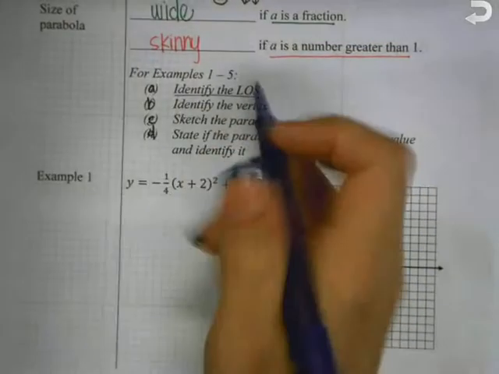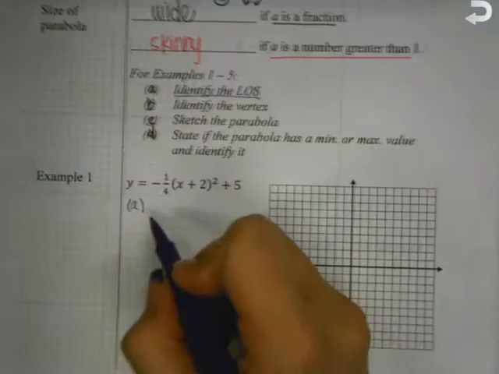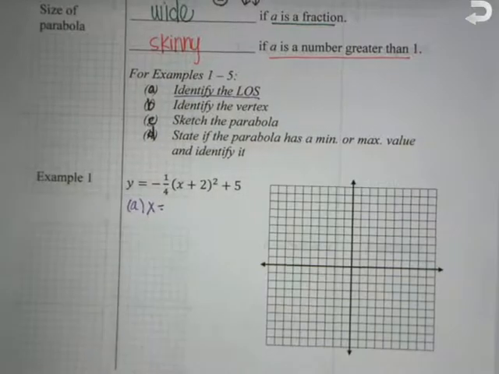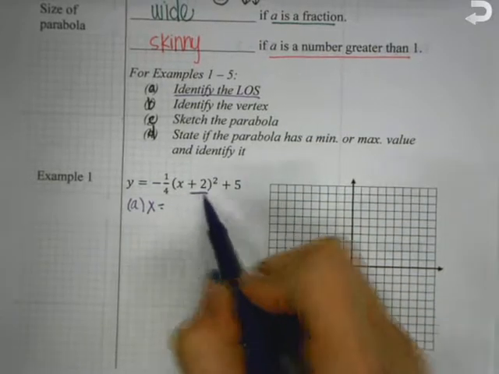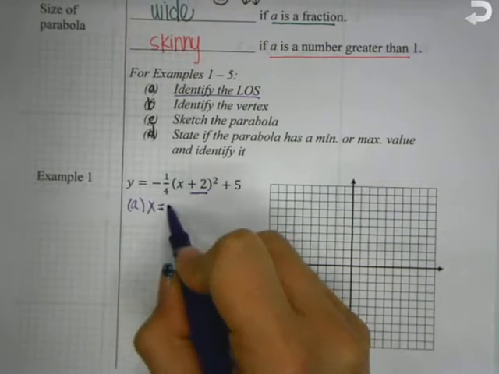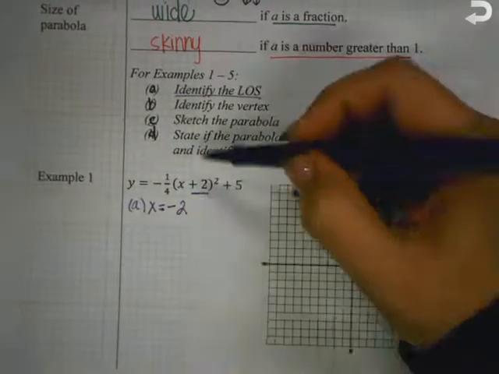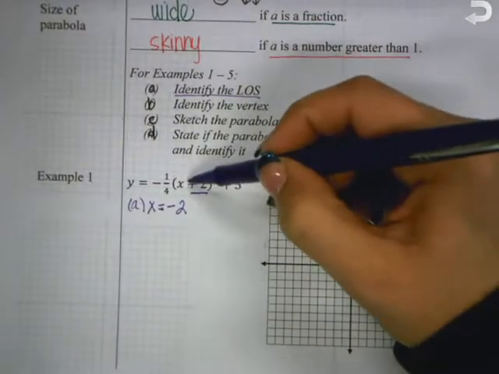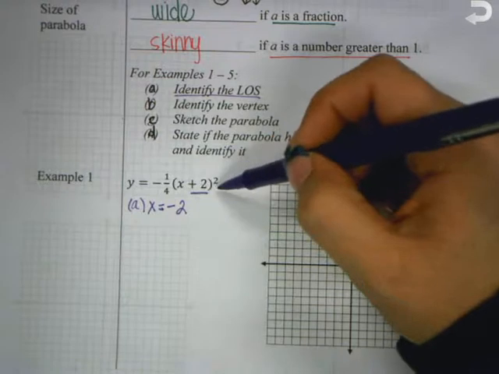LOS is just x equals h, and what's h in this case? Well, it says plus 2, so that means our h is actually negative 2. Because the original form has this as a negative sign. So if it's a positive, that means our h is negative. So that's all we have to do for part A.